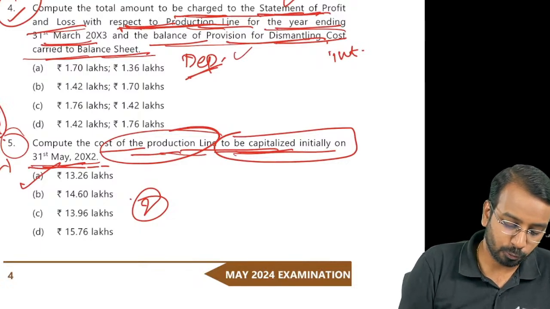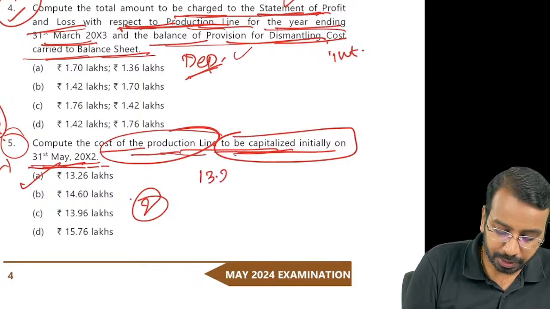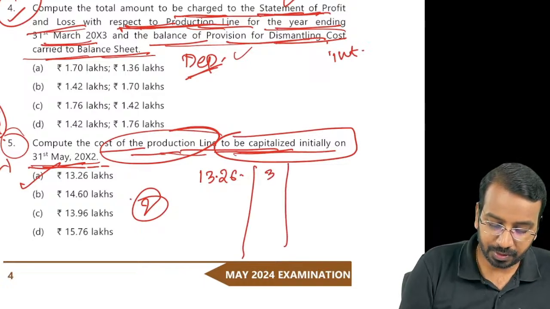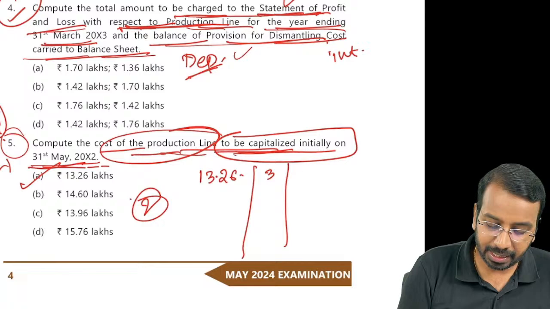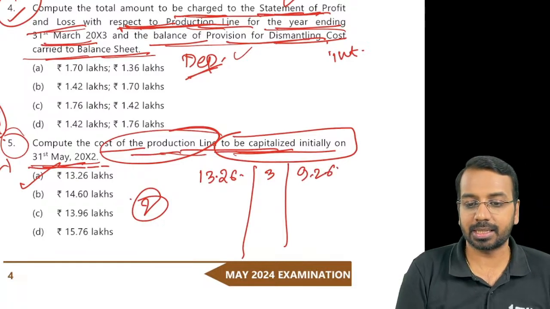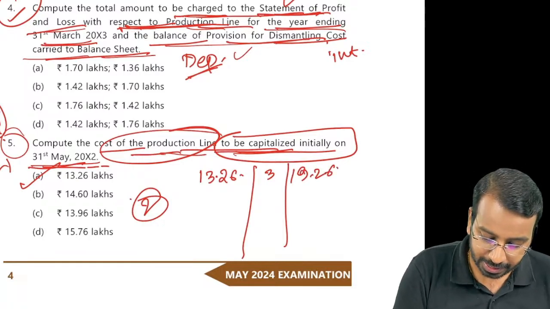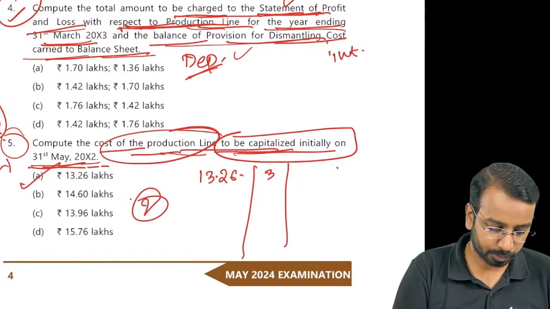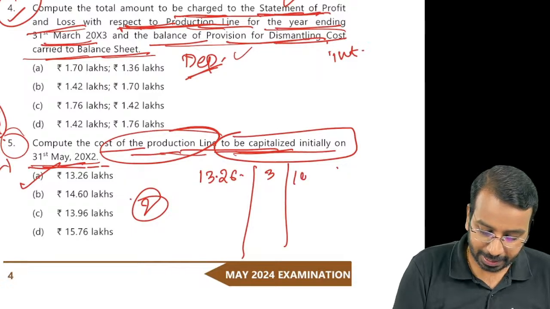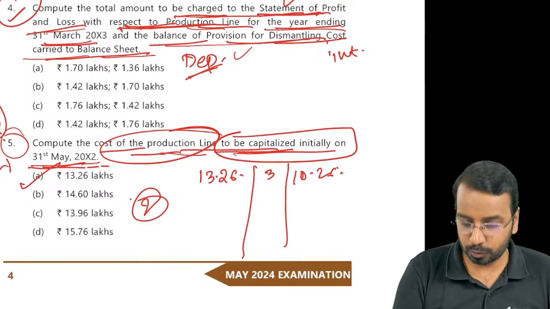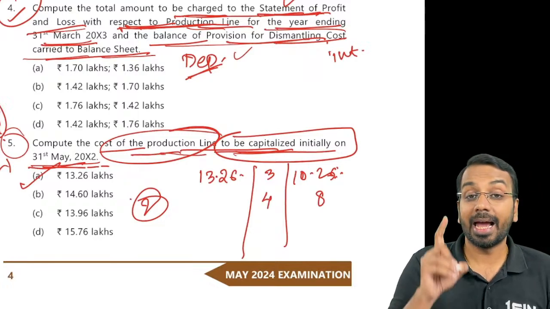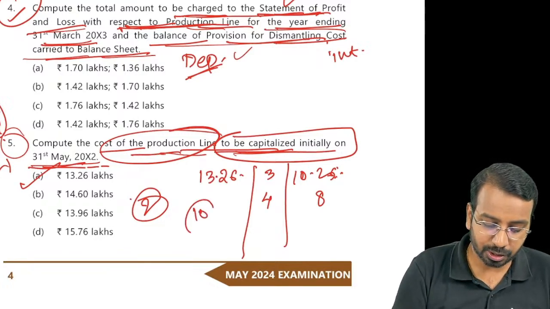Now depreciation also, out of this 13.26 lakhs, your overhauling is 3, which has a useful life of 4 years, and remaining, 13 minus 3 is 10.26, this has a useful life of 8 years. And please remember, we have to calculate depreciation for 10 months.